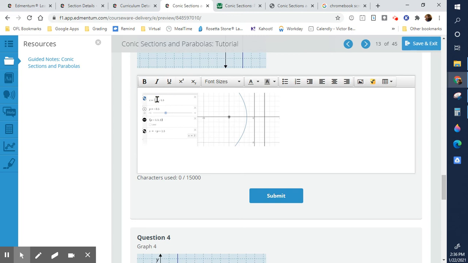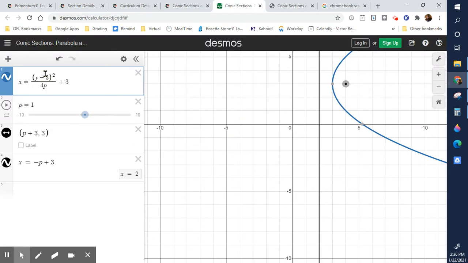If you guys can barely see it, I just know where it is based off of the context of this. So we put -1 here. And instead of putting a 0 here, like we did on the last one, it should be 1. And again, we don't really have to change much for the directrix. The directrix we don't really care about the y value because it's all y values.